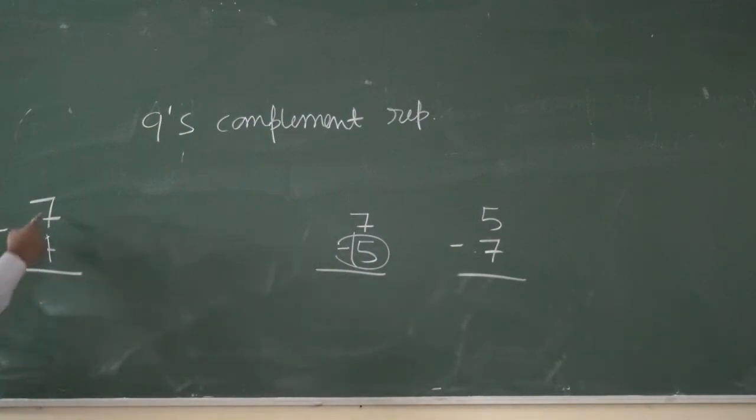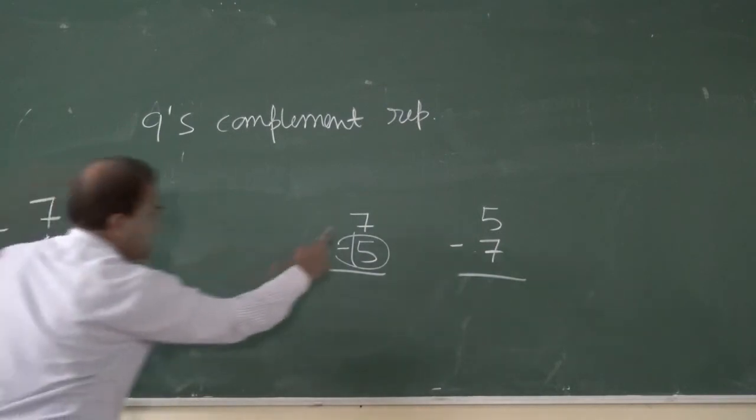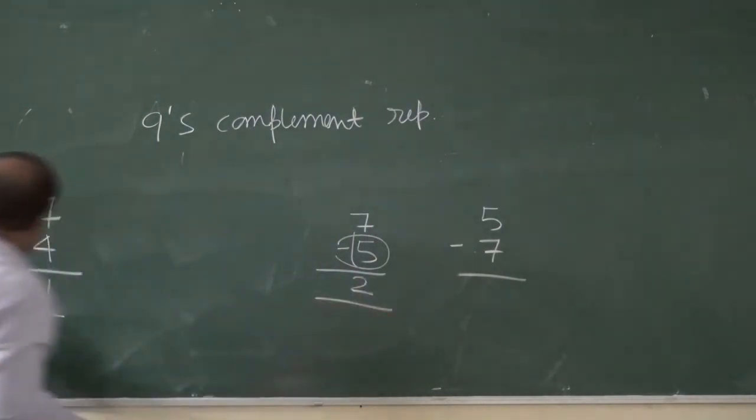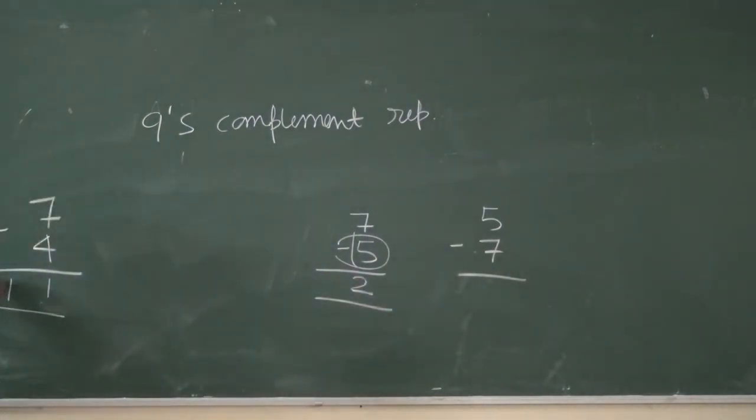So you add it. 7 plus 4 is 11. Your answer here is 2. Here carry is generated. Then you have just seen that in 1's complement, if carry is generated, you have to add the carry to the LSB. But here you have to add the carry to the least significant digit, LSD. So you have to add this 1. It is equal to 1 plus 1, which is equal to 2.